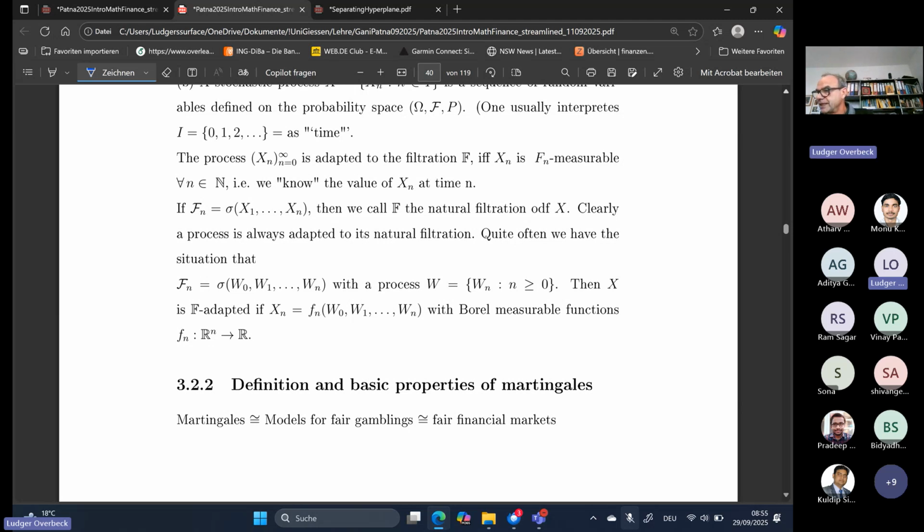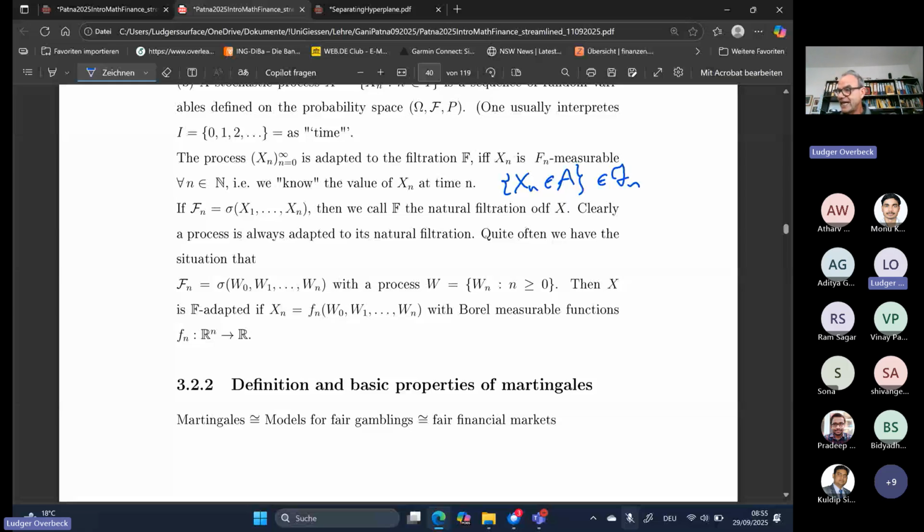Adapted means we know the value at time n, or more precisely, the event that Xn is in some set A is in Fn. This means the probability of Xn in A you can calculate at time n. It's tautological, but it just says that they have the same time. Basically, the connection between Xn and Fn is that they appear at the same time n.